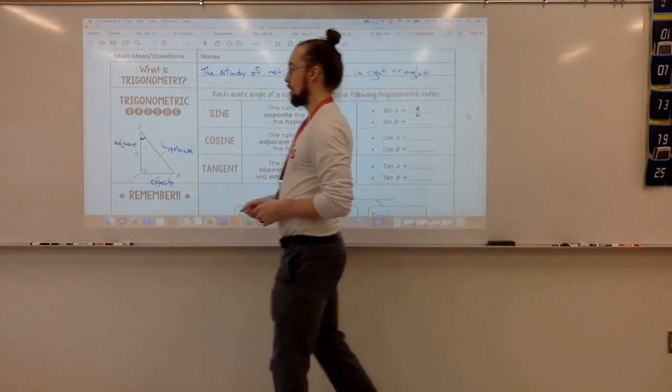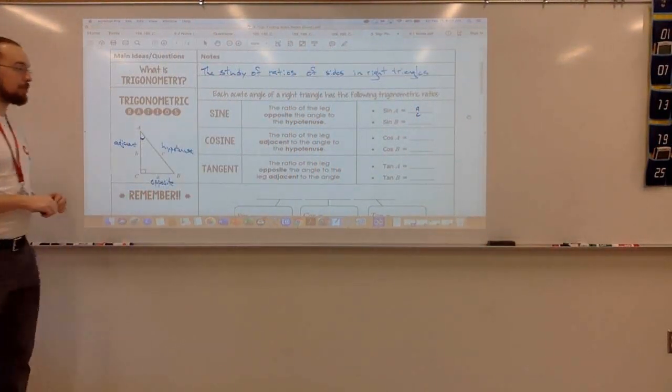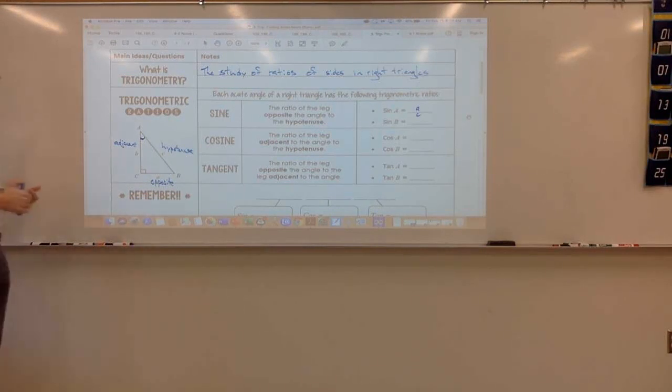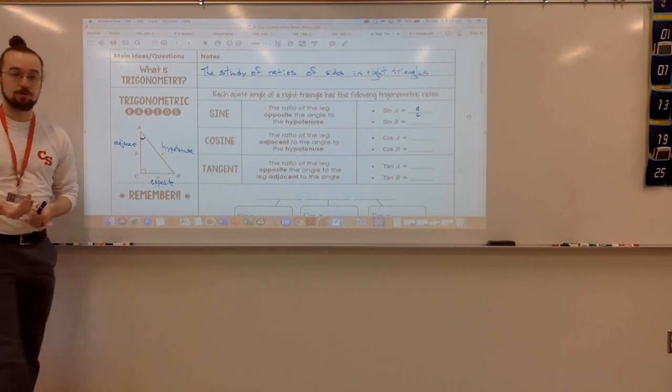Cosine then is defined as the ratio of the leg adjacent to the angle over the hypotenuse.